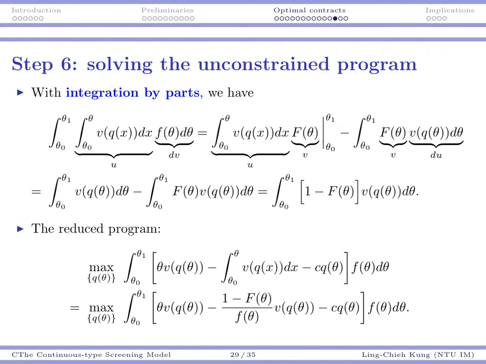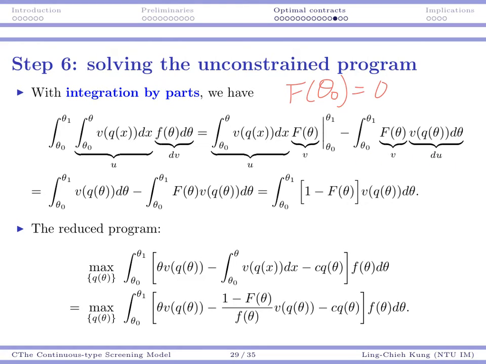The interesting thing is that if you plug in theta 0 here, F of theta 0 would just be 0, because theta 0 is the smallest possible value. Okay, so that term would just disappear. If you plug in theta 1 here, F of theta 1 would be 1. So all you have is here, this term, with theta becoming theta 1.